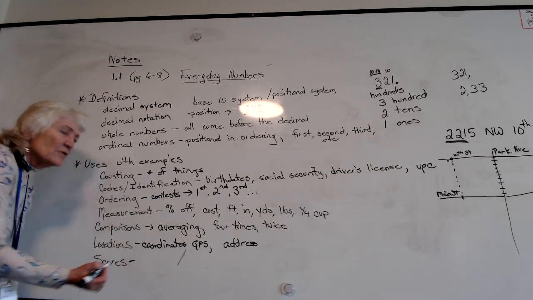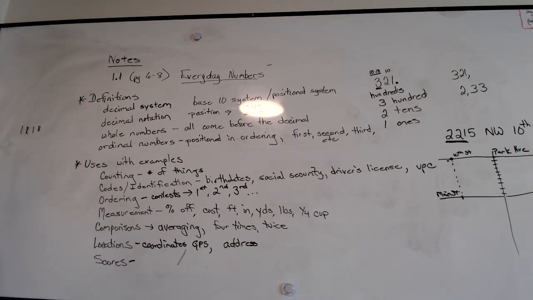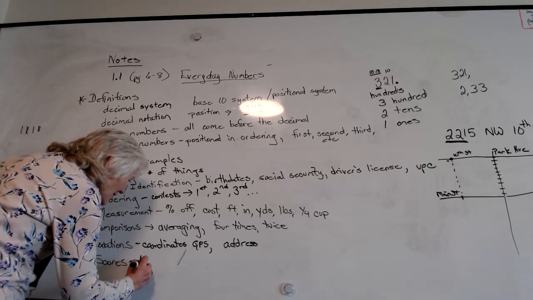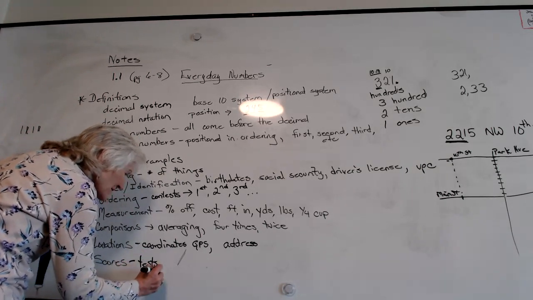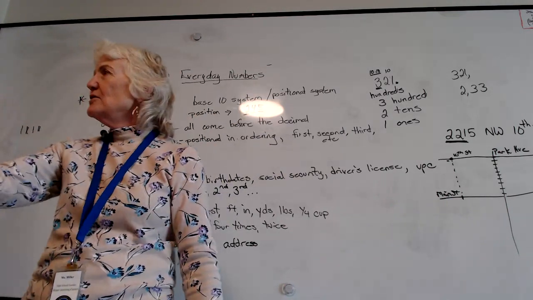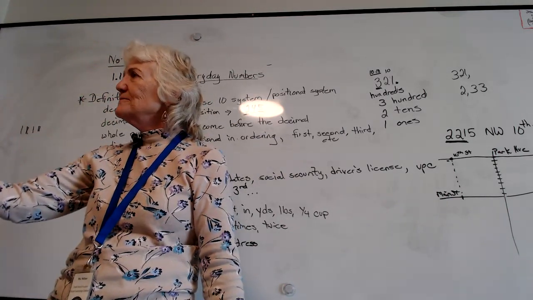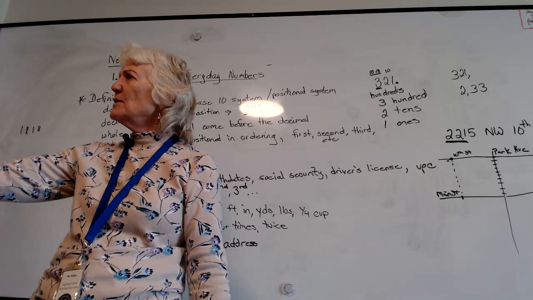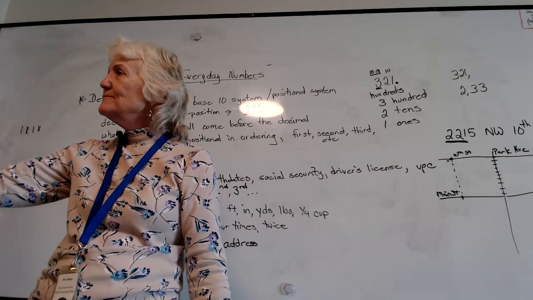Okay, how do we use scores? Come on, everybody should know this. Yes. Tests. Tests are one score. What else? Who plays sports? Do you use scores in anything you do? What kind of sport do you play? Hockey? Okay.